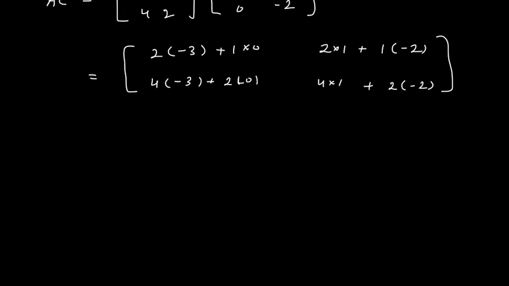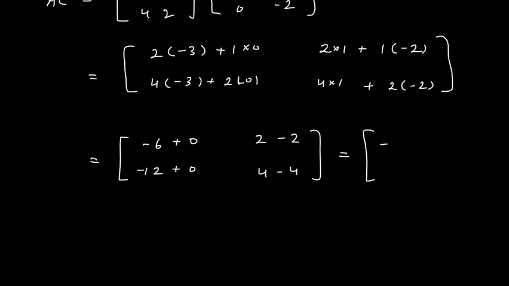So this is equals to 4 into minus 3 is minus 12 plus 0, here we get 2 minus 2, and here we get 4 minus 4. Okay, so the result we get is [minus 6, 0; minus 12, 0].